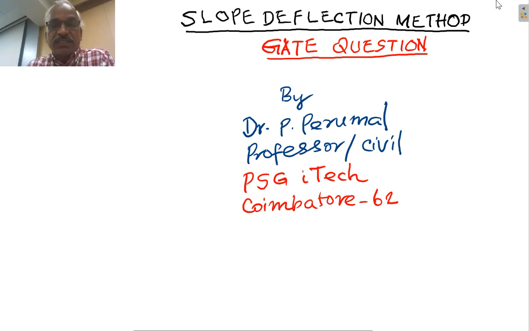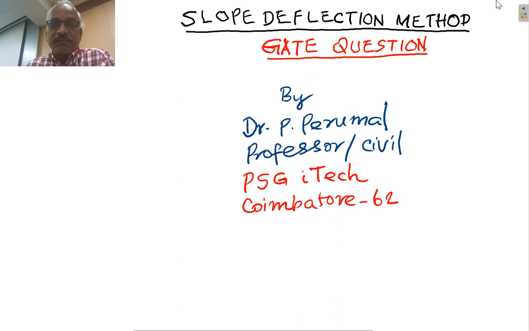In the last four lectures, we have been discussing introduction to finite element analysis, analysis of continuous beams, analysis of propped cantilever, and analysis of continuous beam with settlement of supports.